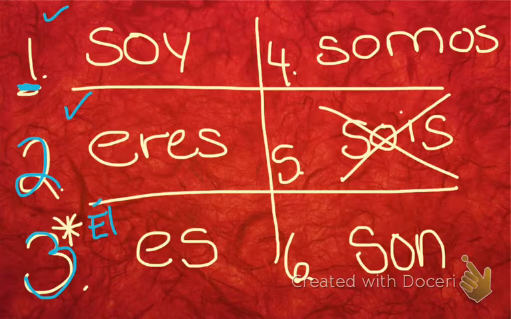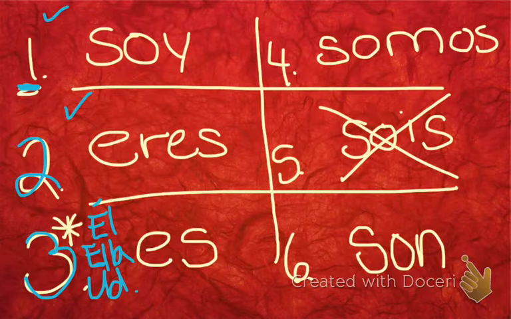We could be saying she is with an ella. We could be saying you are with an usted. Or we could be saying objects like the book is, el libro es. Or we could be saying Mark is, Marco es.